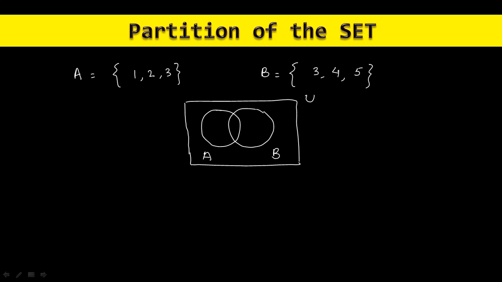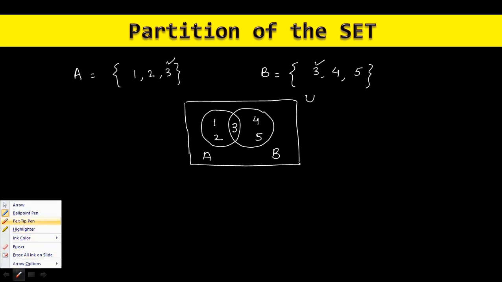Now what about the common elements? First of all, common element is 3. It means I have to write 3 at this place, 1 2 here, and 4 5 here. Now the diagram comprises of different parts. Now what are these parts basically?